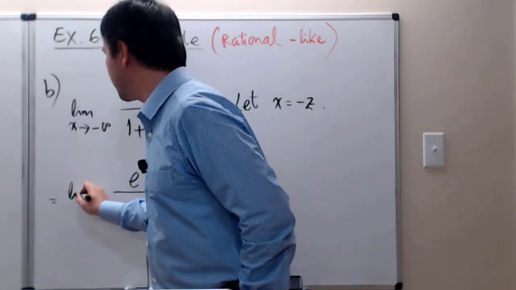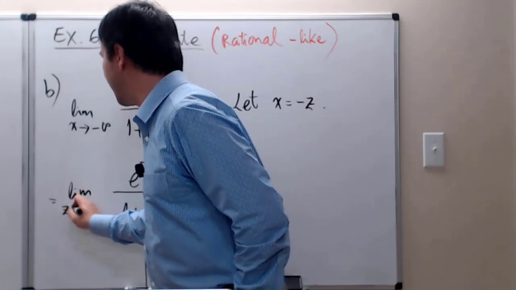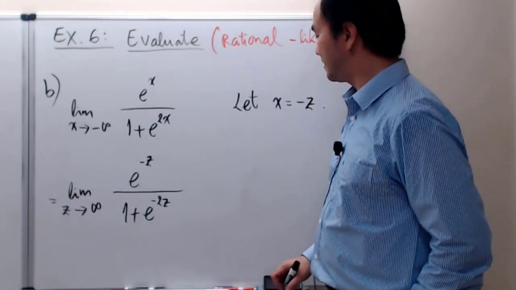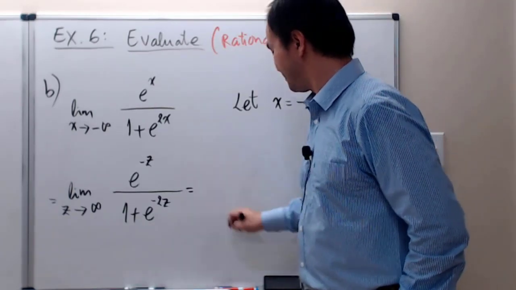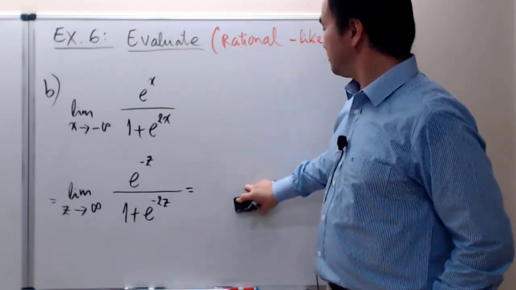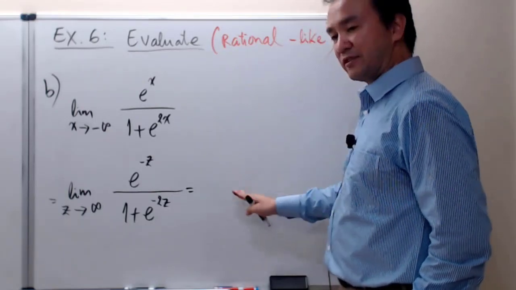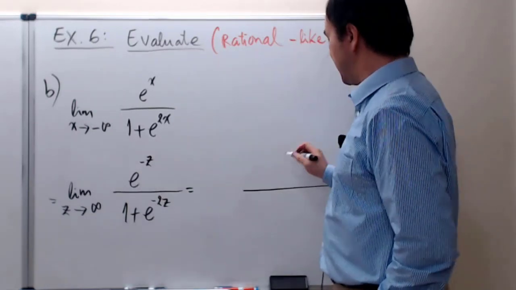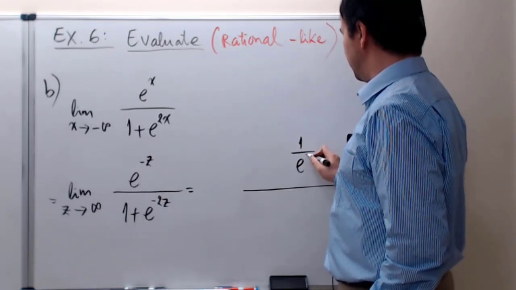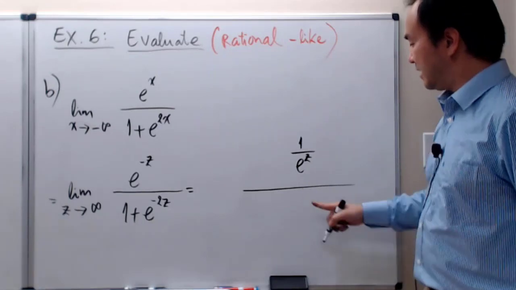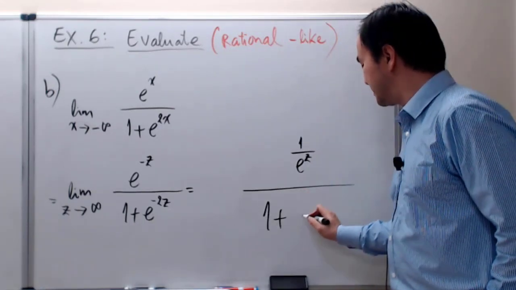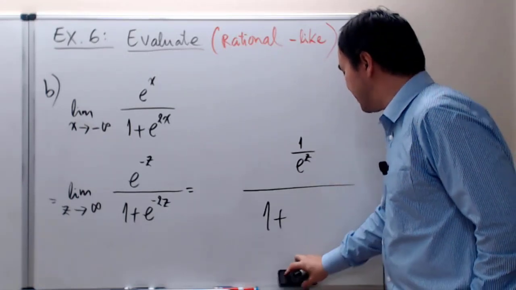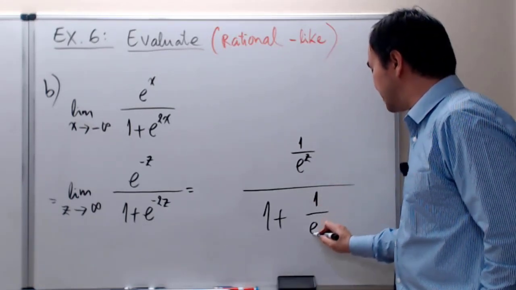This is now a limit problem where we're letting z approach positive infinity. I am about to put in a lot of algebra steps after this. But e to the minus z is the same as 1 over e to the z, and in the denominator, I have 1 plus e to the minus 2z, so it's the same as 1 plus 1 over e to the 2z.